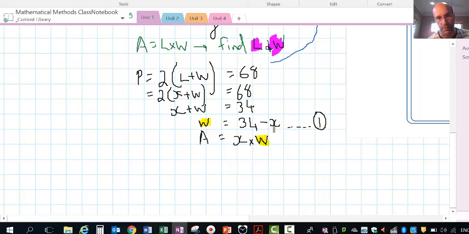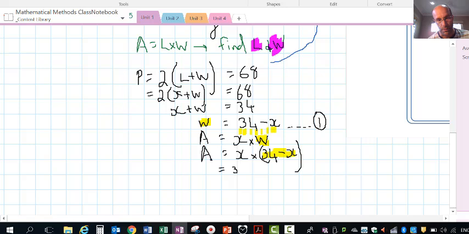And basically this W can be replaced by 34 minus X. So wherever I see W, I can replace that because they're equal to each other. So I'm going to do that, and I've got A equals X times, instead of W, I'm going to write in 34 minus X. So I've replaced that W with 34 minus X. I'm going to put brackets around it, and look at that.